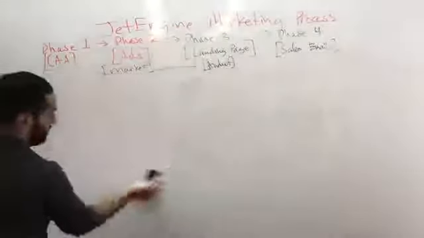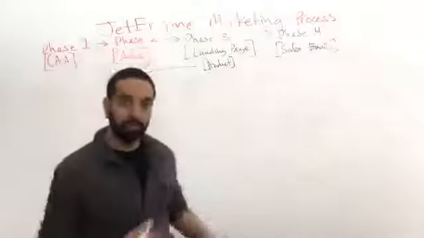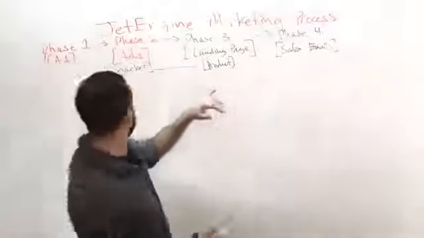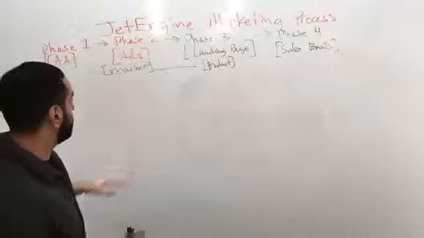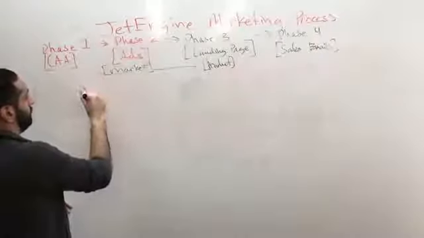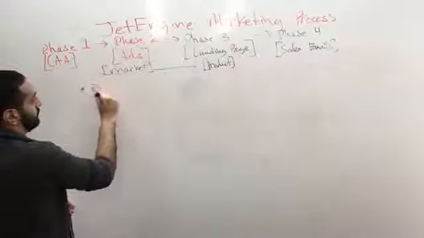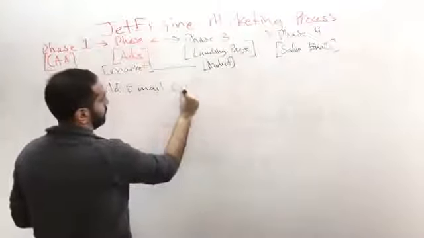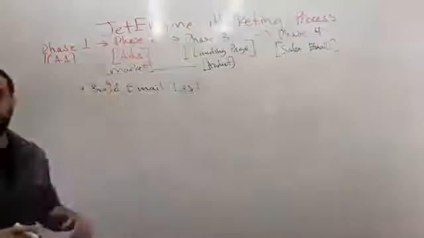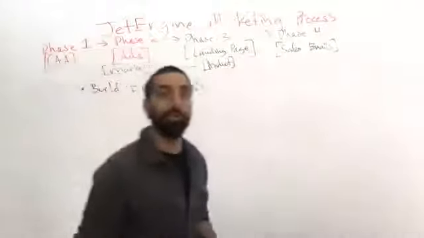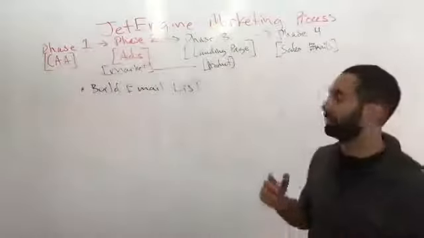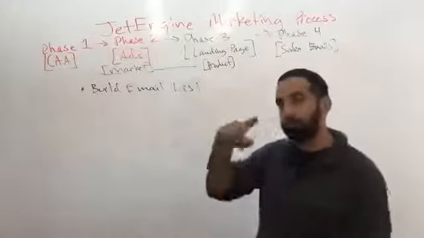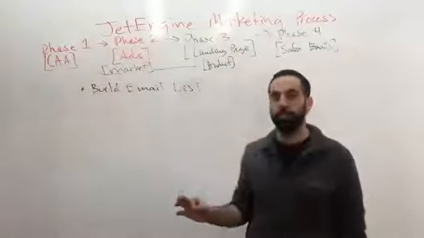If I'm selling B2B or B2C, this looks different in each case, but here we want to build an email list. We want to remove the middlemen that own and regulate different social media platforms between us and the customer. When you have an email list, you get to speak to your customer for practically free.